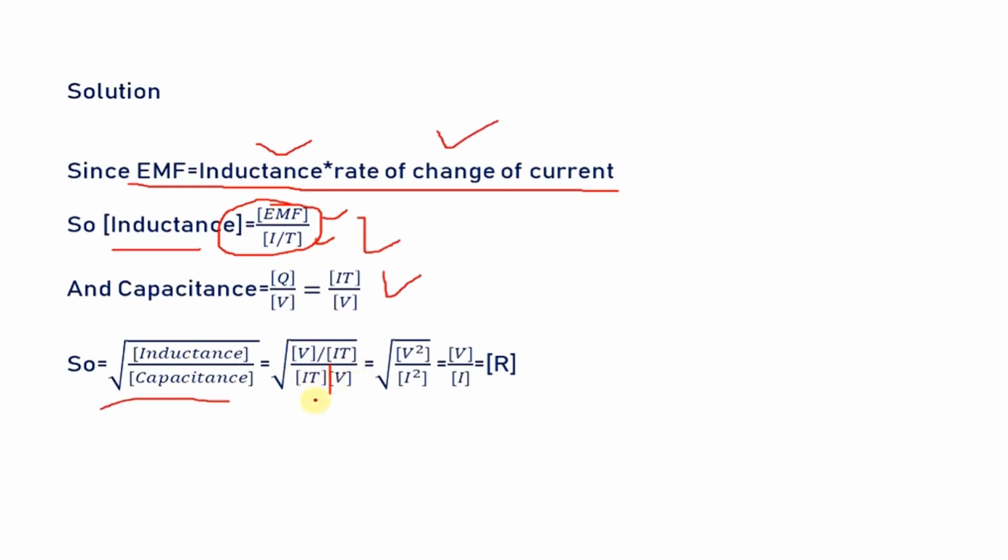So that is IT divided by V. By solving this we get V square divided by I square. So the root over of that equals V divided by I, so the value will be resistance. So the dimension of root L by C is equal to resistance.